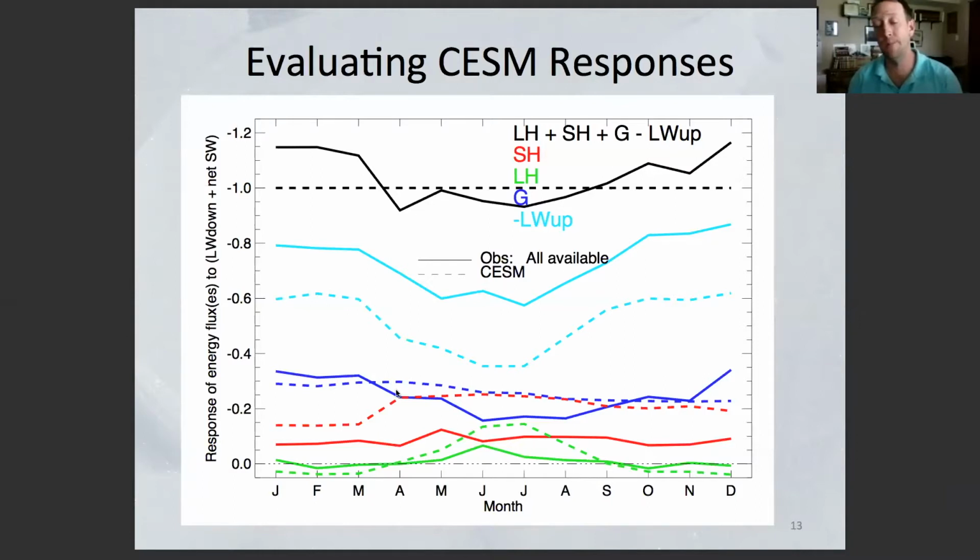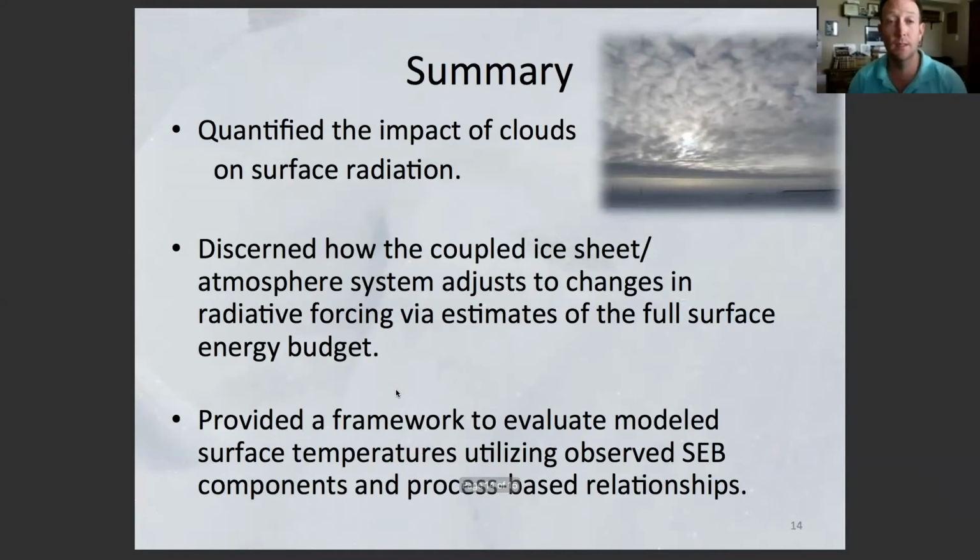And so just to summarize, we've quantified the impact of clouds on the surface radiation, coming up with 33 watts per meter squared for the annual cycle. But those results can and have been used to evaluate some of the previous studies, the satellite perspectives, and obviously can be used to evaluate the model as well.